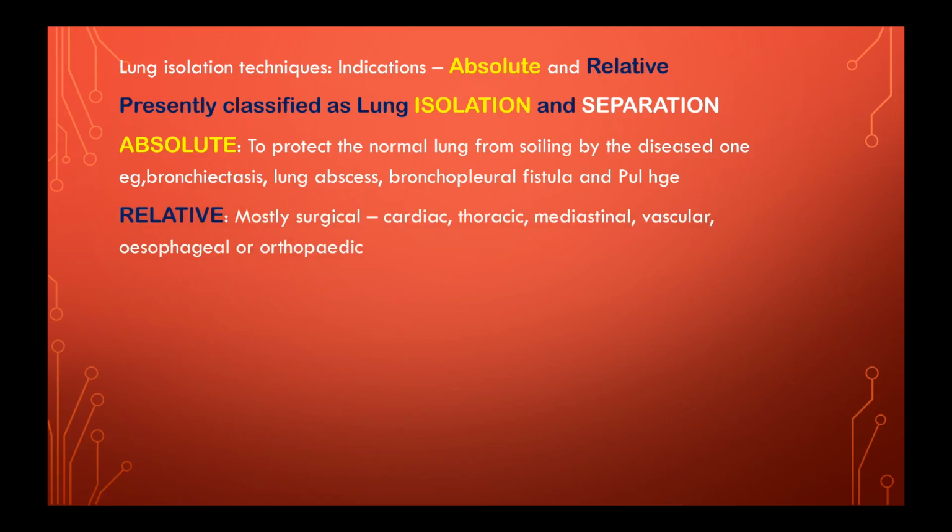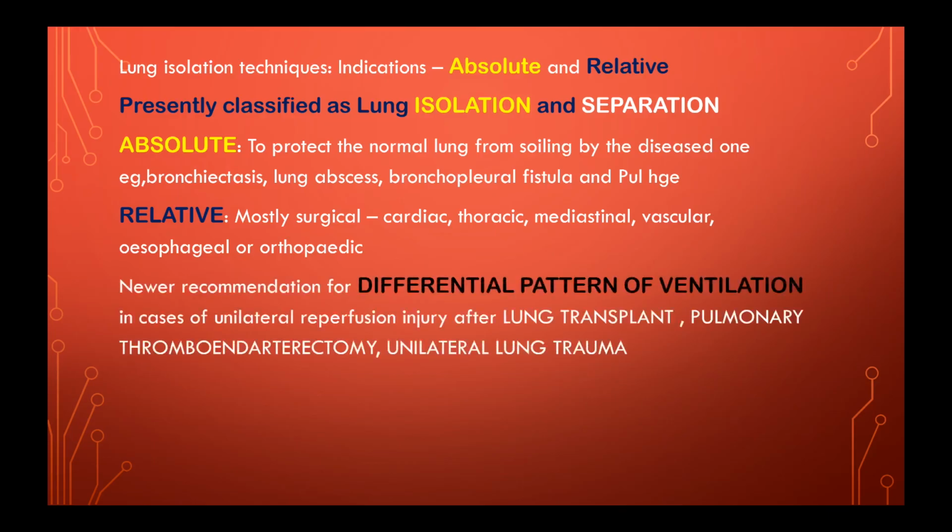Relative indications are mostly for surgical exposure, as asked by the cardiac or thoracic surgeons: mediastinal features, vascular aneurysms, especially aortic arch aneurysms, esophageal surgery, and some orthopedic surgery involving the thoracic spine. So that is mostly because of the surgical exposure requirement.